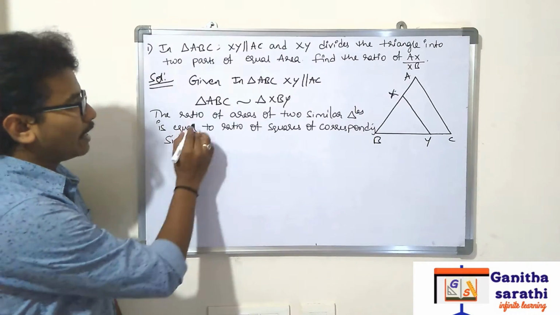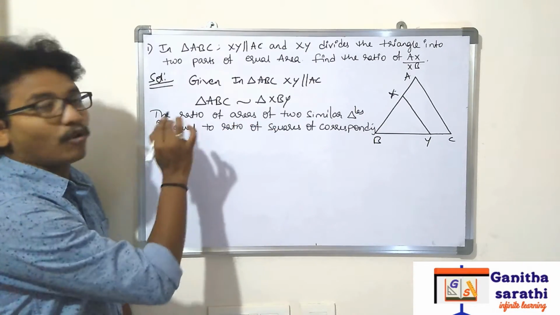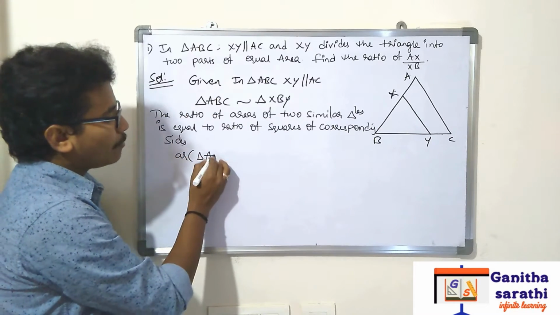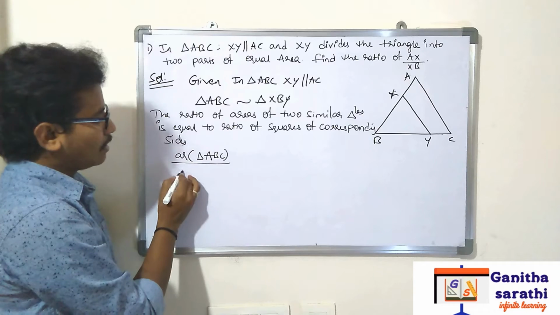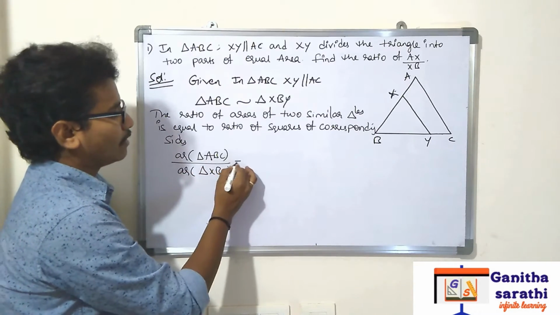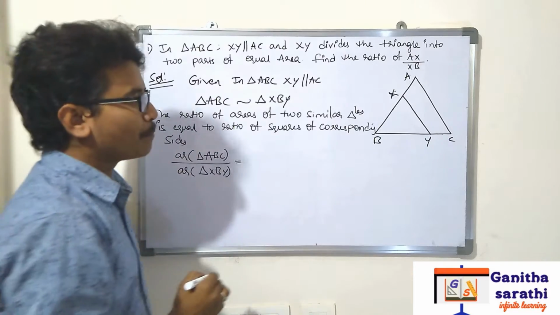Now, the ratio of areas of two similar triangles. What are the two similar triangles? Area of triangle ABC to area of triangle XBY. These are the two similar triangles. What are the corresponding sides?